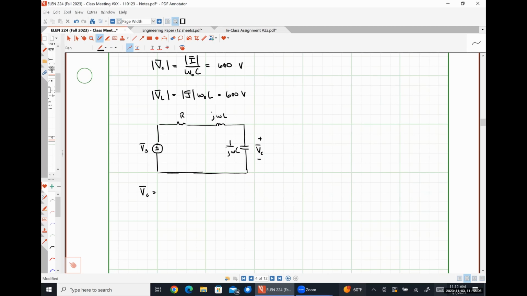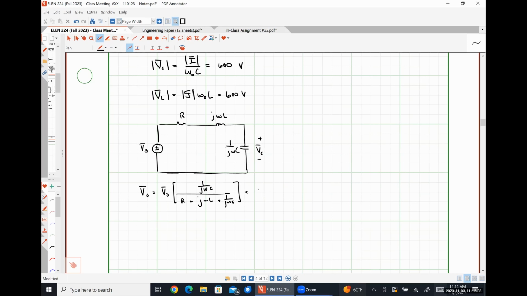we could see that VC would just be our source voltage VS, whatever it happens to be, times 1 over J omega C divided by R plus J omega L plus 1 over J omega C. And then I would multiply through by a factor of J omega C over J omega C because I don't like fractions inside of fractions.